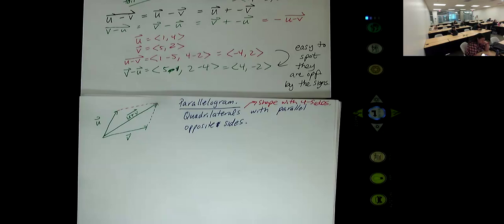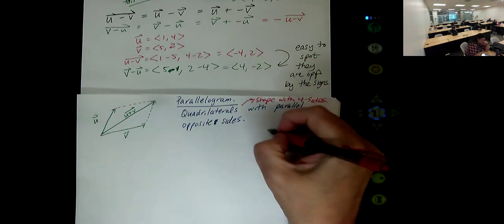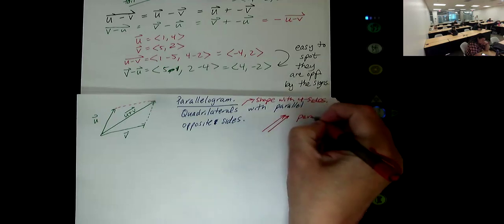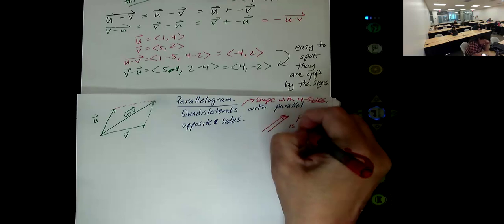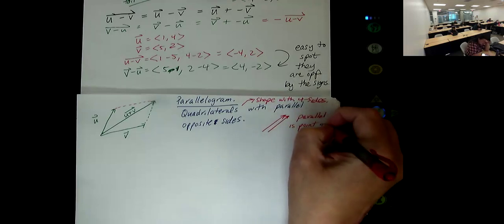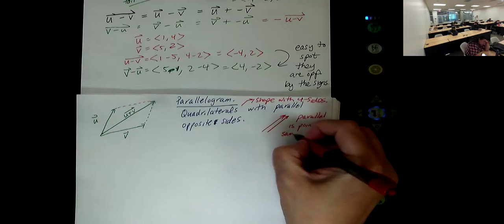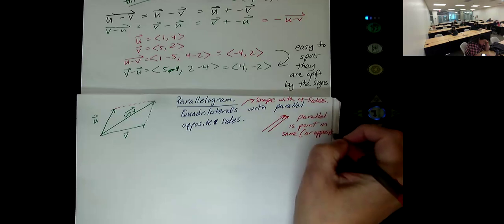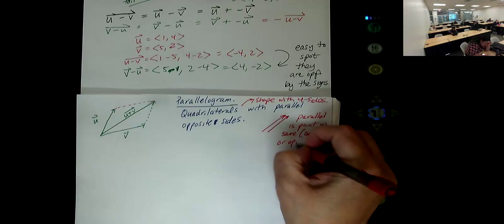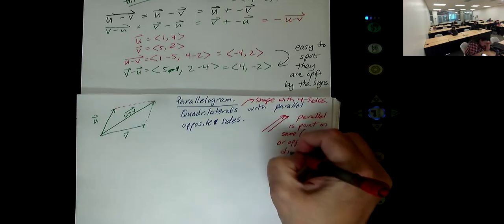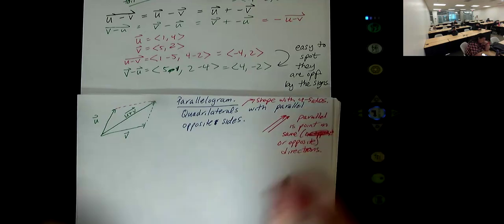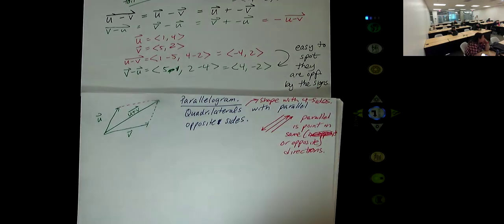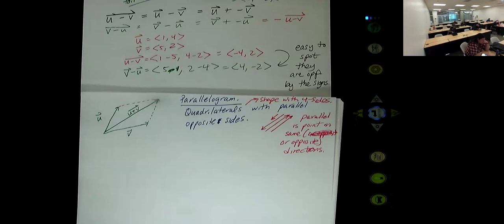Hopefully you remember from algebra, parallel means they point in the exact same direction, or opposite. And they don't have to be the same length. I drew them all the same length, but they don't have to be the same length.